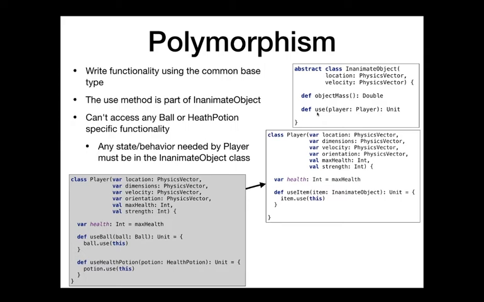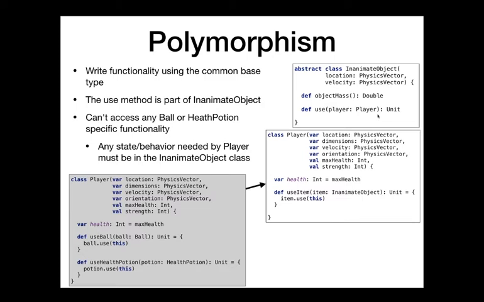Inanimate object doesn't say what that method does, but it does provide the guarantee that any class that extends it and is not abstract will have a definition for that method. If we try to extend this and we don't provide a definition, we're going to get errors. It's going to say, you either have to be abstract or you better implement these methods.